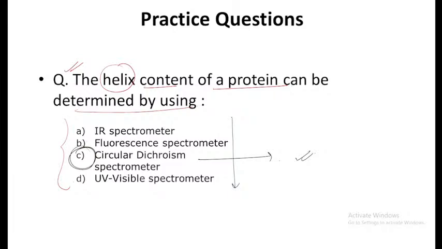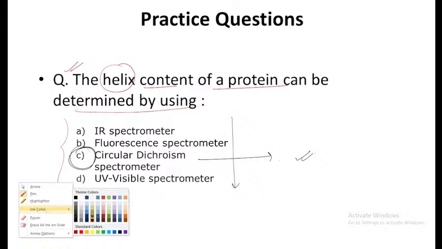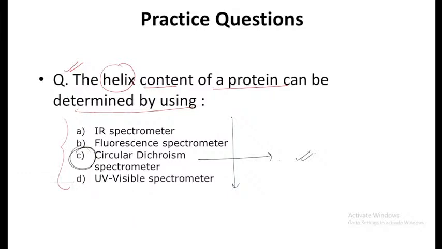Very good, very good. Now just a quick revision, write down in the chat section, the IR spectrophotometer is used for what? Quickly write down the answer, we have just discussed this, so it would help you to completely revise it. Write down the application for the IR spectrophotometer in the chat sections, everyone.